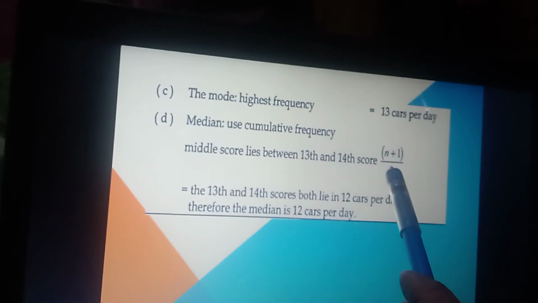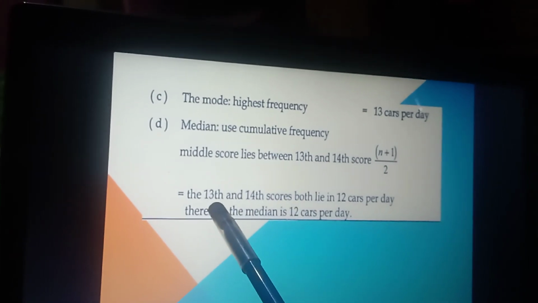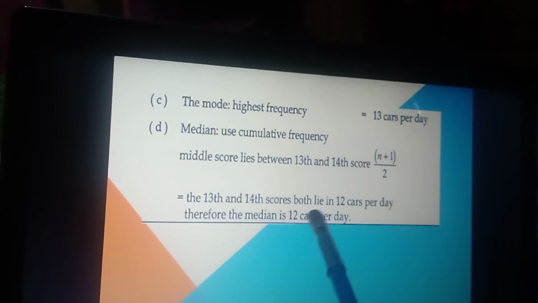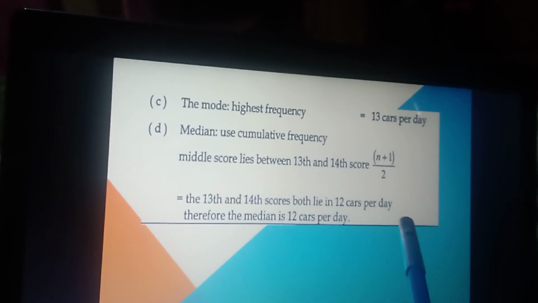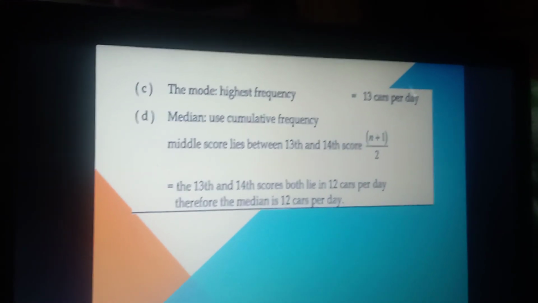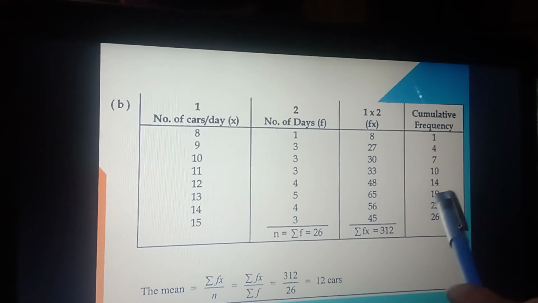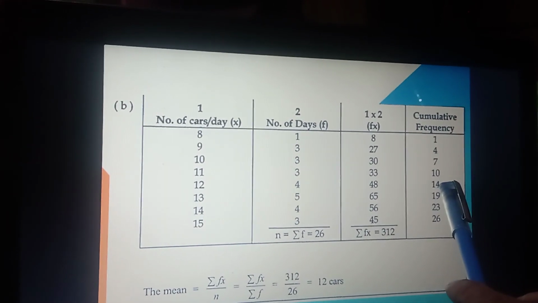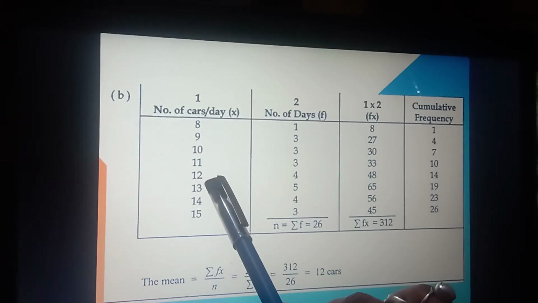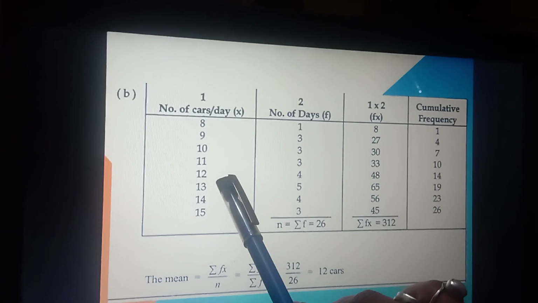Because we got the answer 13.5, we take the 13th and the 14th scores: 13 remains 13 and the next is added for 0.5. The 13th and 14th scores both lie at 12 cars per day. Therefore, the median is 12 cars per day. Since the formula gave 13.5, which falls within 14, we decided the median number to be 12. OK, so this is the median.